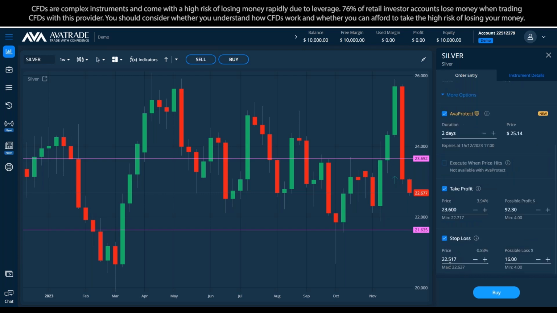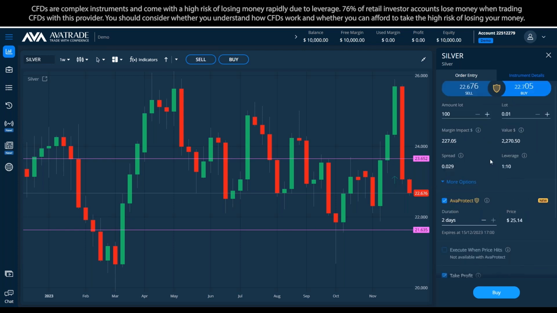And in here, we're going to go 21.6. Okay, we are covered for the max. That's going to cost us $25 versus 100 profit or loss. This is basically how it works.